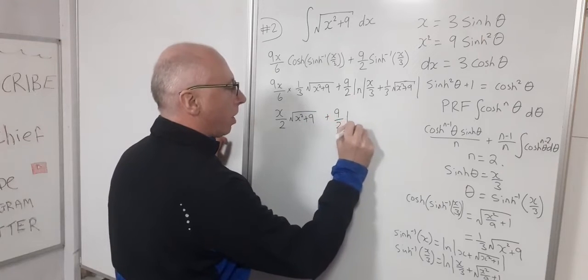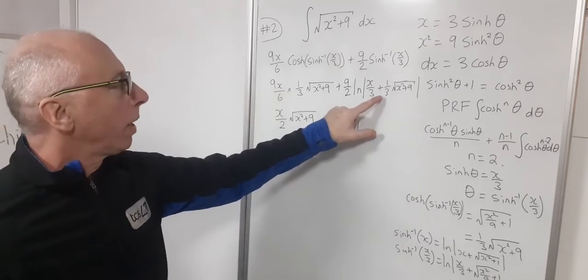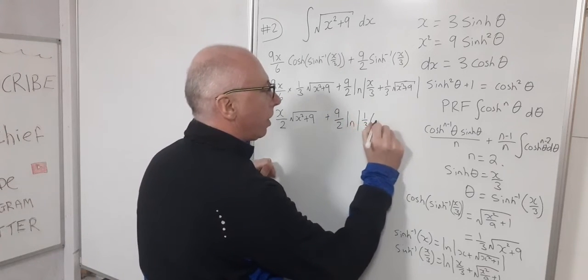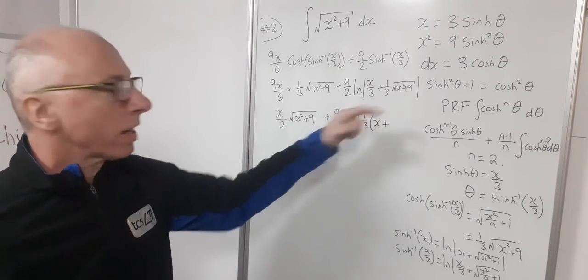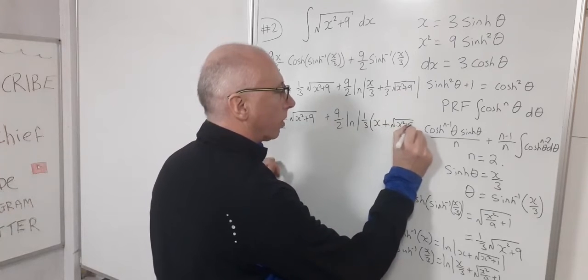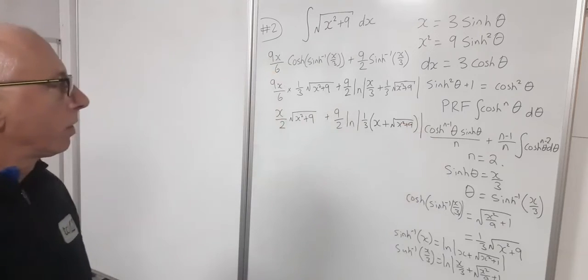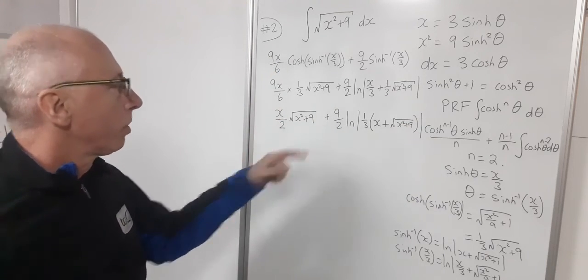Now I've got 9 over 2 times my natural log. And here, both terms are multiplied by 1/3, so I can have 1/3 of x plus the square root of x squared plus 9, and that can go in the absolute value. Now I'm just going to simplify this off with some nice fractions.